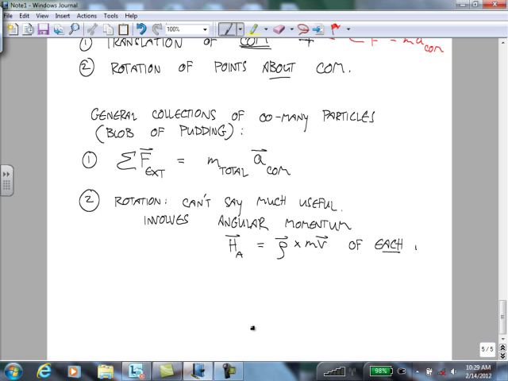And why can't we say much that's useful? Because the only things we can say involve the angular momentum of each individual particle. And if you're talking about pudding, there's a lot of particles, and you can't sit there and do these calculations, especially if you treat it as a continuum and there's infinitely many particles, you'll be sitting there a long time.